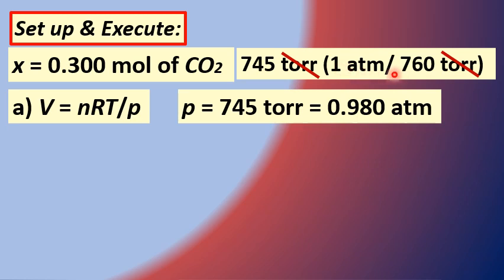In 1 atmosphere, we have 760 torr. So 745 torr, therefore, is just equal to 0.980 atmospheres.